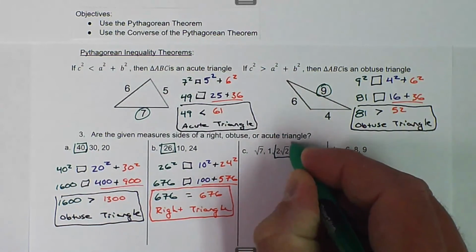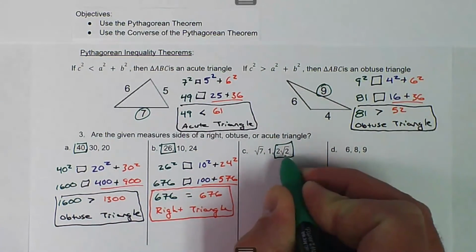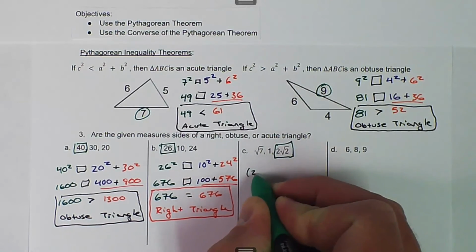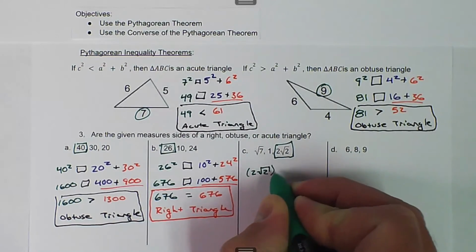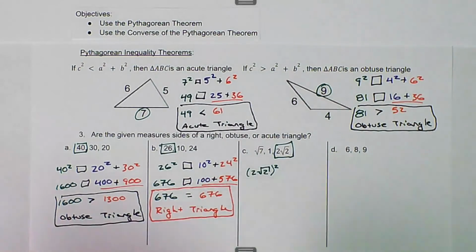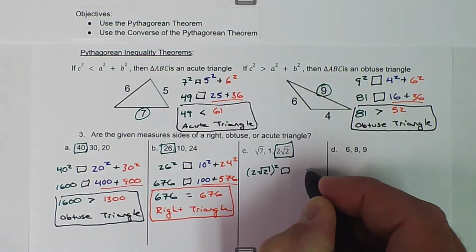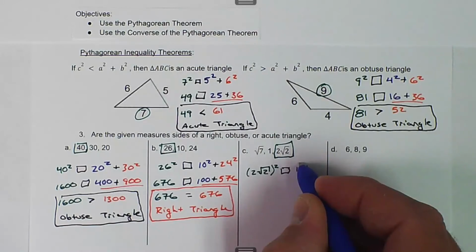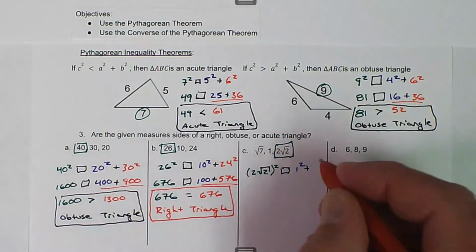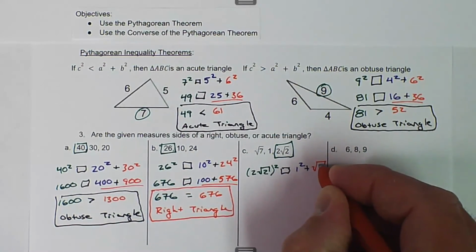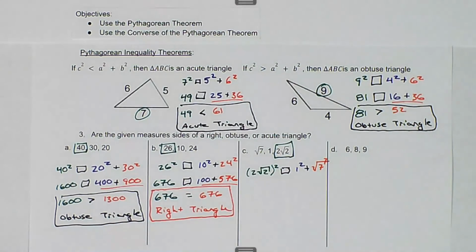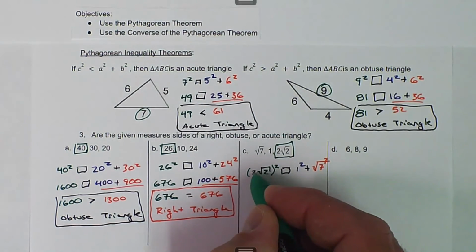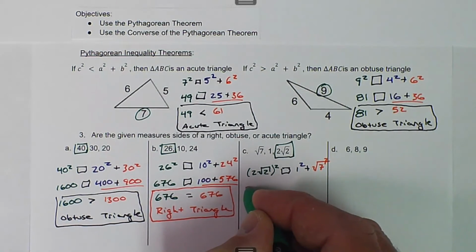So we're going to check to see the relationship. Because there are 2 portions to this side, we have to put it in parentheses. So 2 times the square root of 2, squared, and we want to check the relationship to the other two sides: 1 squared and the square root of 7 squared. So we distribute the square in, so 2 squared is 4.